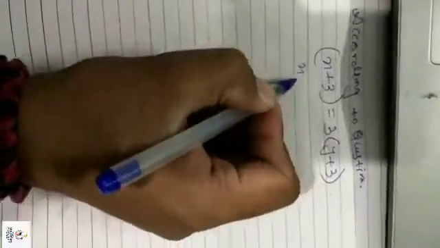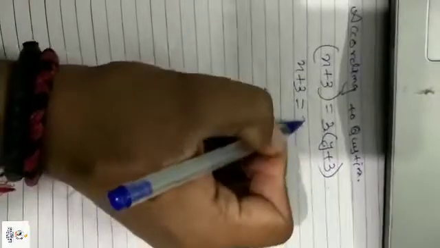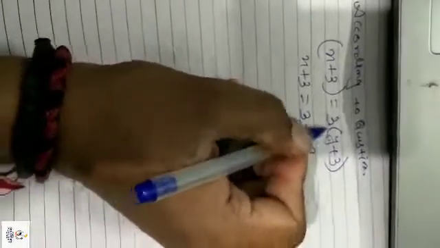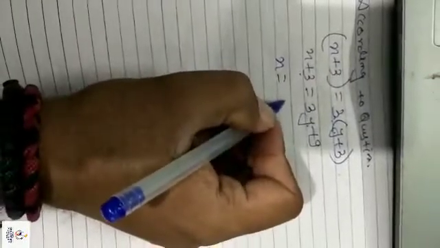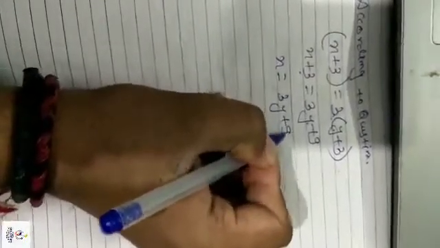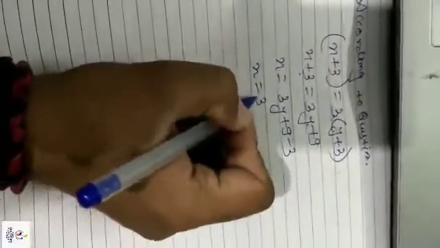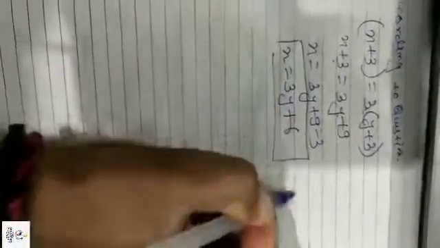So x plus 3 is equal to 3 times (y plus 3), that is 3y plus 9. Now sending the 3 to this side, 9 minus 3, x will be 3y plus 6. This is our second equation.